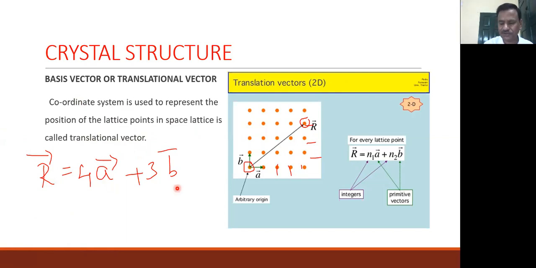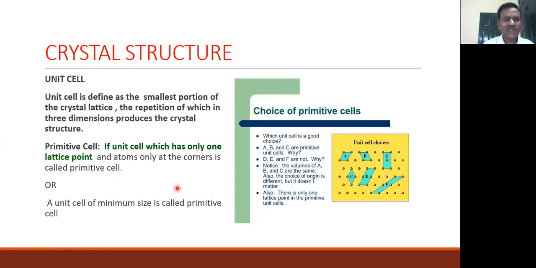Next, now come to the unit cell. Before understanding the unit cell, imagine you are constructing a wall, a compound wall. How are you constructing the compound wall? By using bricks.